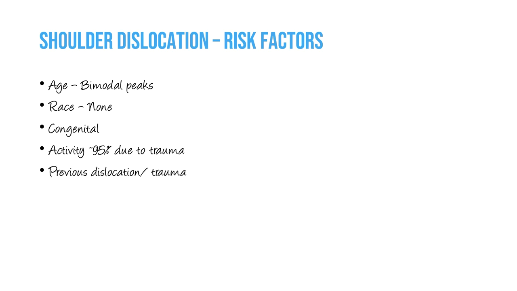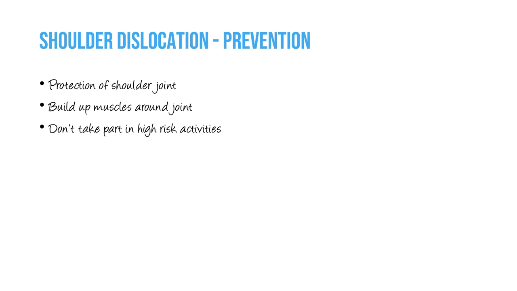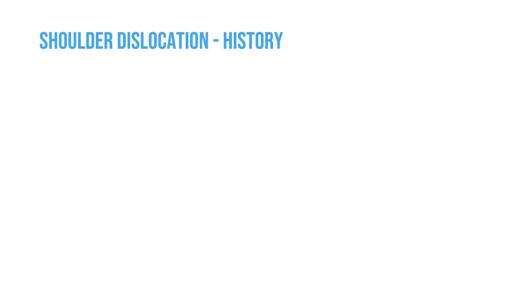Previous dislocation and trauma can weaken the muscles and tendons around that area and can cause instability of the shoulder and predispose to further shoulder dislocations. So we need to protect the shoulder joint, strengthen the muscles around it so that the shoulder dislocation doesn't happen, and not take part in high-risk activities.